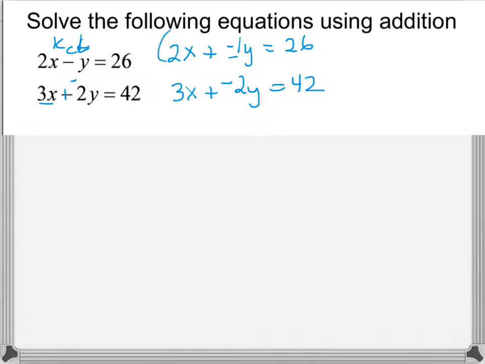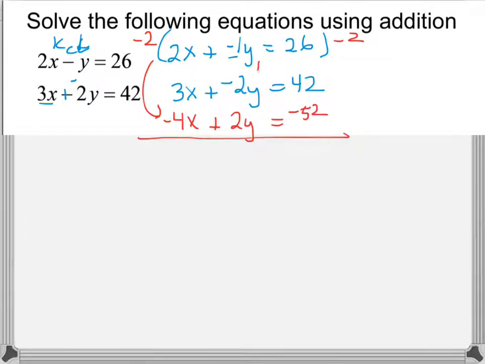Now if I multiply this by -2 on both sides, what I'm going to get for the top equation, I'll write below here, is -4x plus +2y is equal to -52. Now notice the coefficients of your y variables are additive inverses of each other.